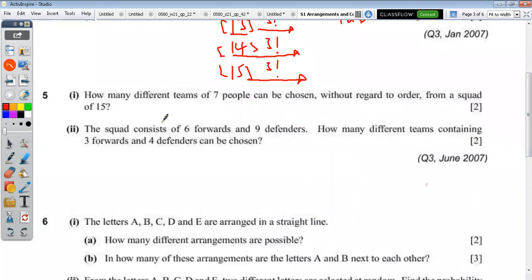How many different teams of 7 people can be chosen? I'll give you 2 minutes to do those 2 questions, which are easy. How many different teams of 7 people can be chosen with regard to a squad of team, without regard to order?